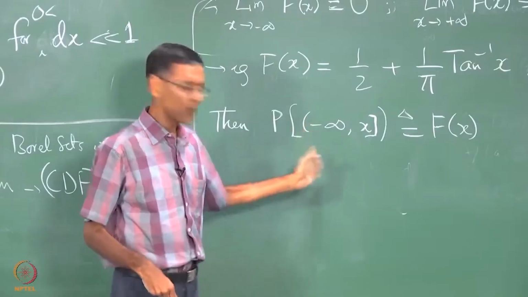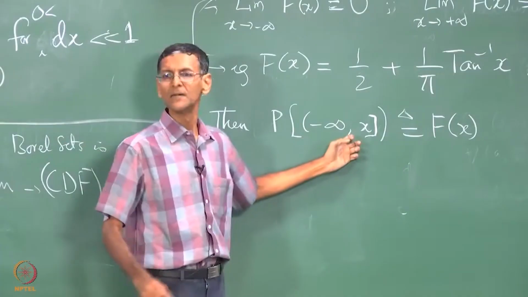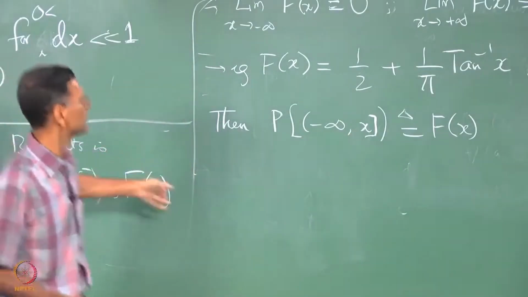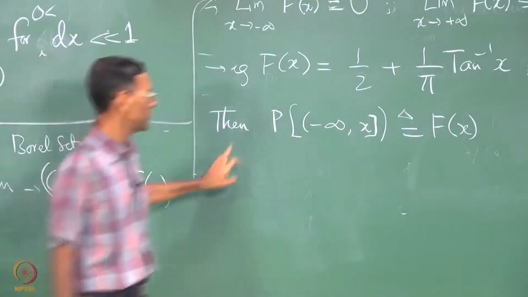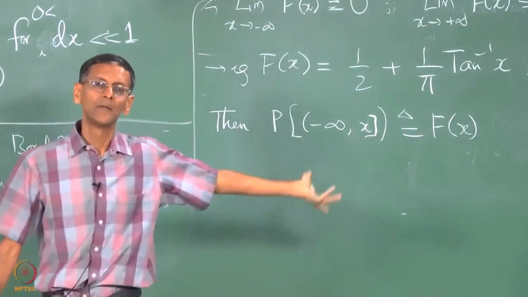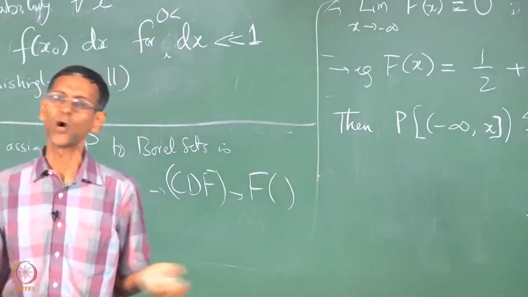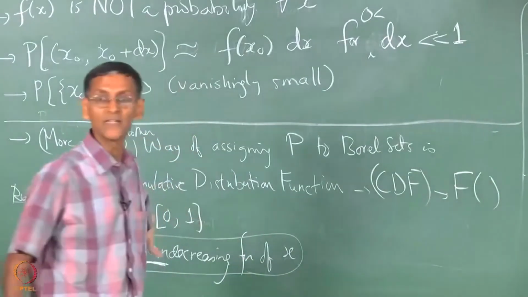It turns out that even when omega is only 0 to 2 pi, you can always look at this event and meaningfully assign probabilities no matter what number you put up here. If you put, for example, any number less than 0, this will become a null event and F of x will be 0. So there is nothing to prevent F of x from being 0 all the way from minus infinity to 0, for example, because we said it has to be non-decreasing.